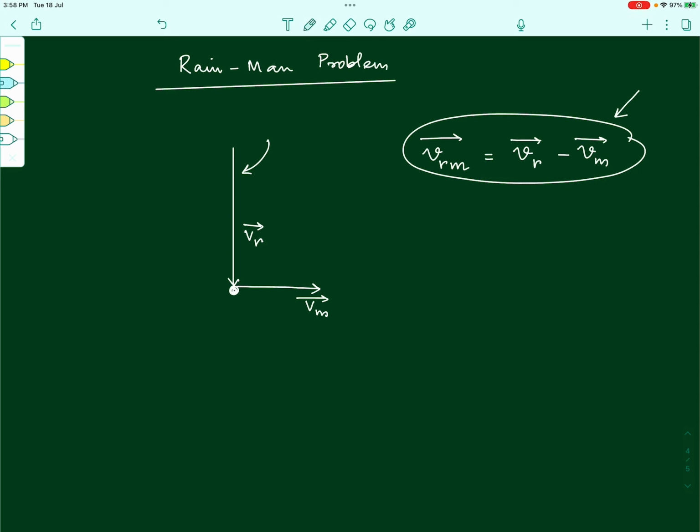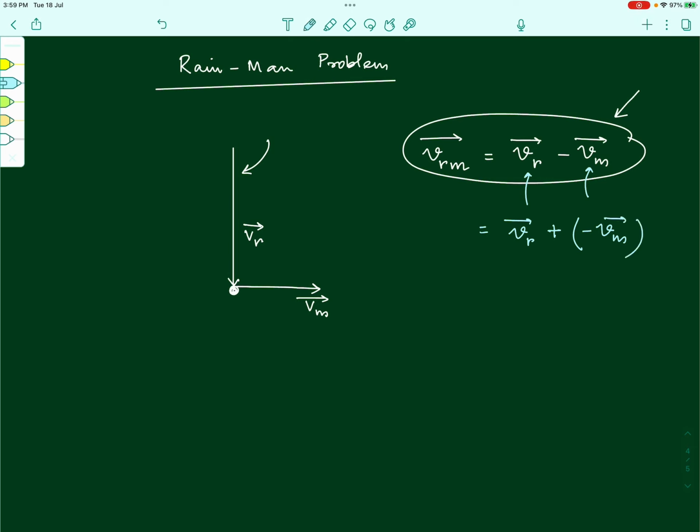If we look at the situation carefully, the velocity of rain is downward, whereas the man is moving towards right. By definition, velocity of rain with respect to the man is velocity of rain minus velocity of man, which we can write as velocity of rain plus the negative of the velocity of the man.